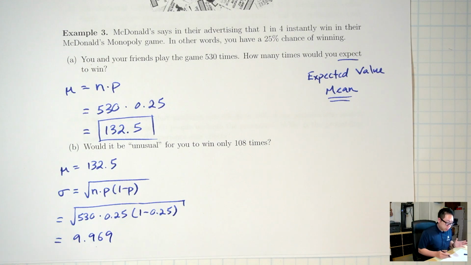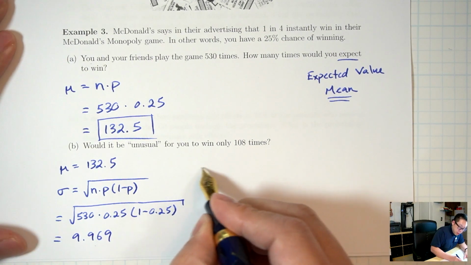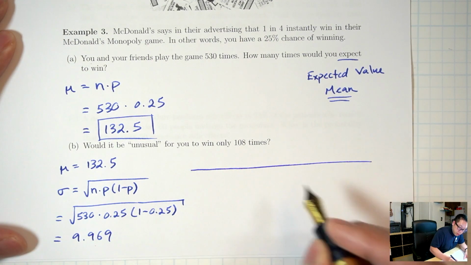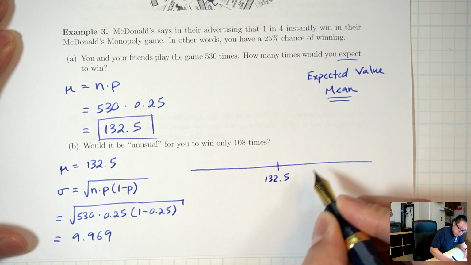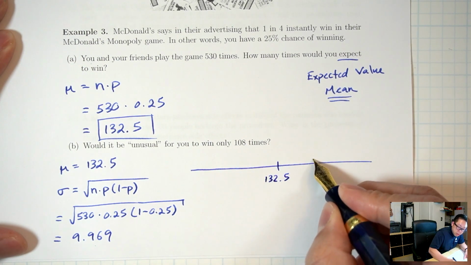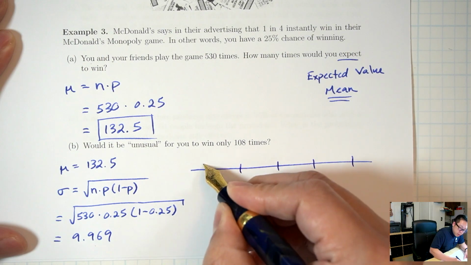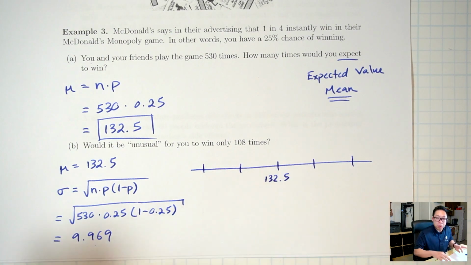And then to find out the zones, the lower and upper bounds for what's considered usual and unusual, you want to make the empirical rule picture. Put the mean in the middle. And then I want to go 2 up and 2 down. I don't really care about the 1 up, 1 down, or the 3 up, 3 down numbers. I want the 2 up and 2 down.